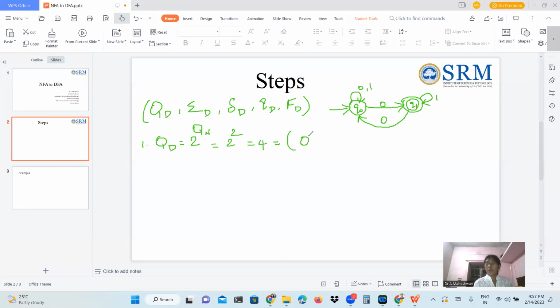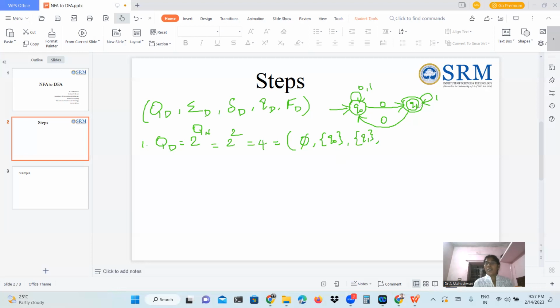So 4 sets you have to take, 4 combinations you have to write. First, for the power set, you consider the null set. Next the single combinations, then the double combination, then triple combinations, and so on. Here we have only 2 states. The single combinations are Q0 as one state and Q1 as another state.